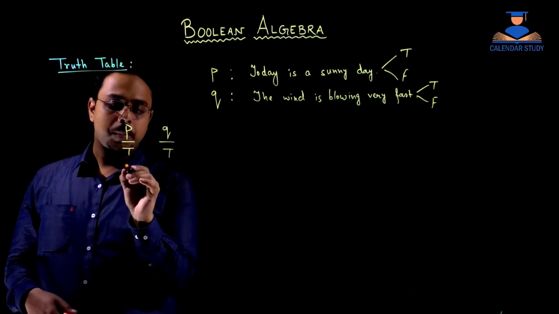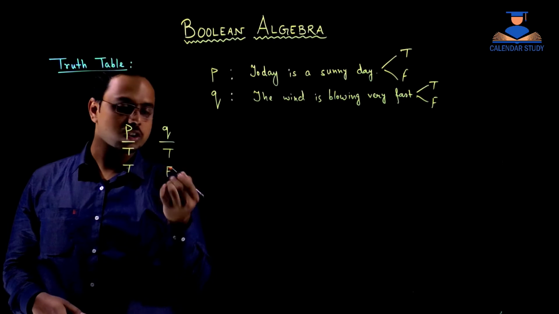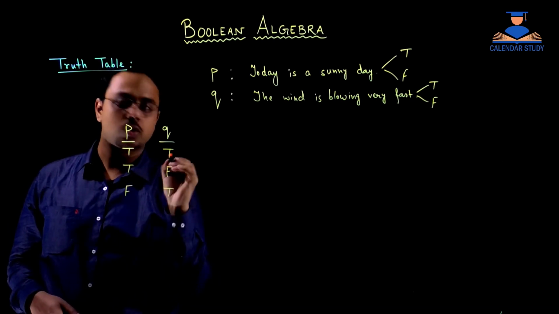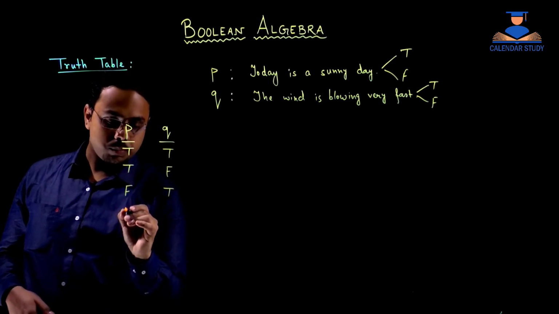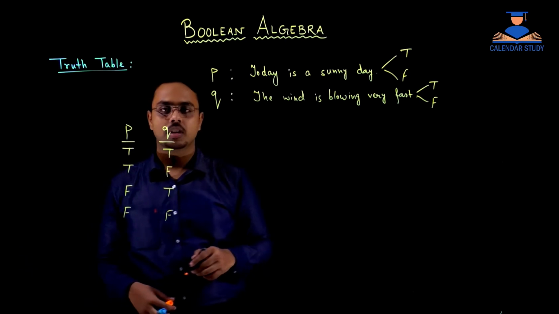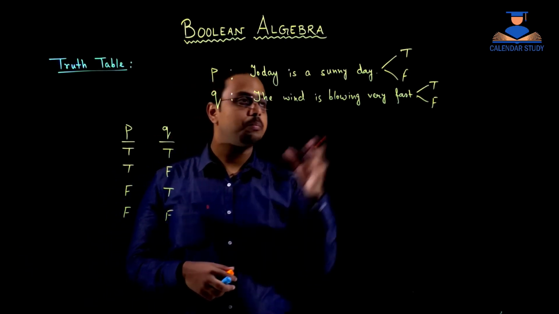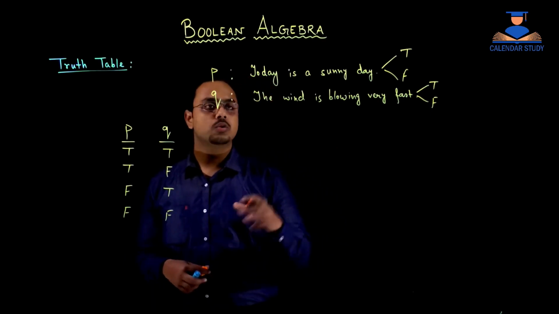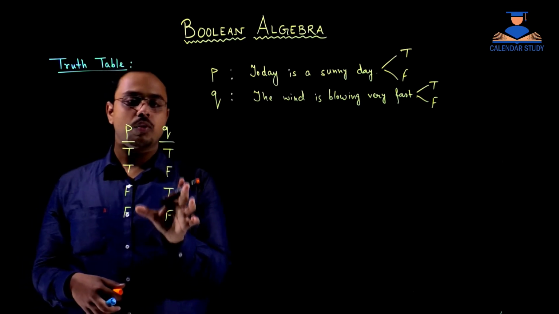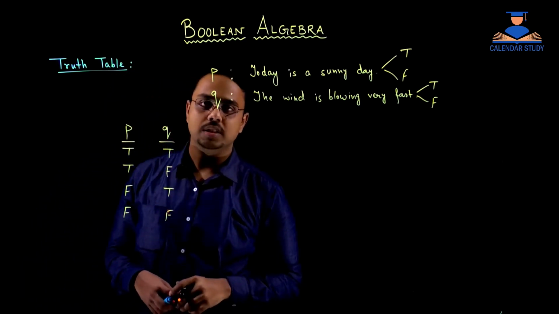Okay, P can be true and Q can be false. This is also a possibility. P can be false, Q can be true. And again, P can be false and Q can also be false. Okay, so there are 4 possibilities of P and Q being true or false. And here we have formed the truth table for the statements P and Q. Okay.